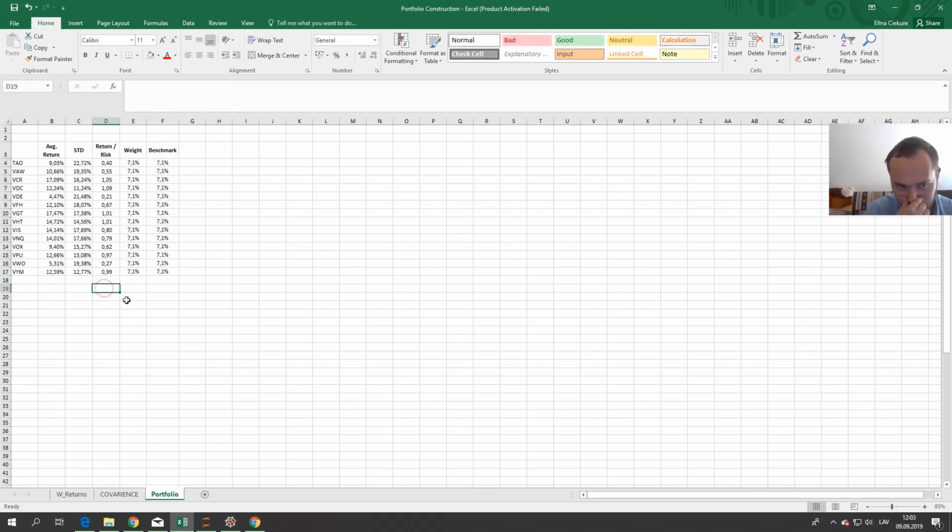So, measures we want to use. The expected return, that's silly, because we don't really expect this, since this is just the average historical return.